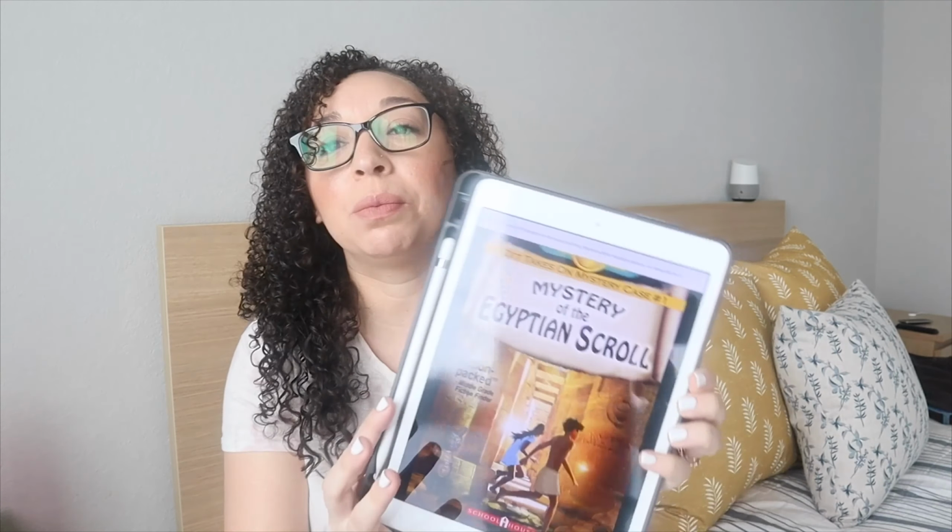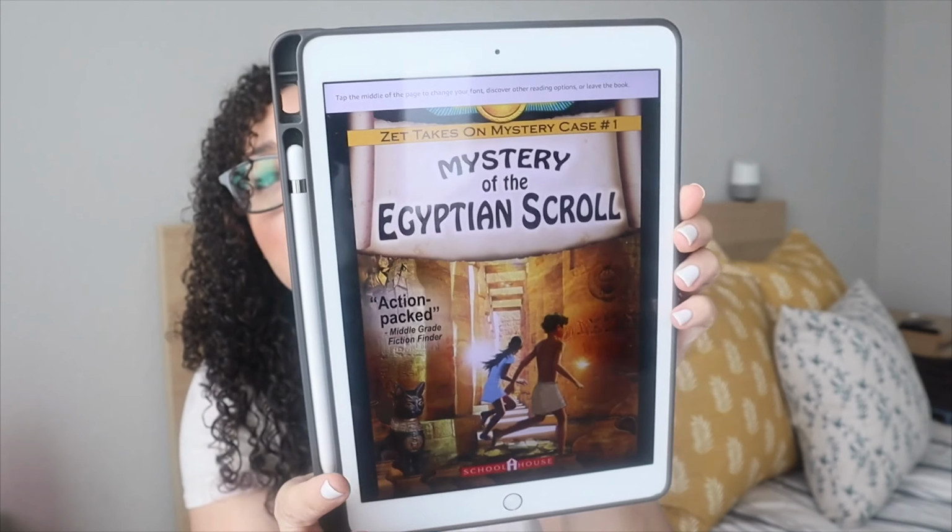That's that book there. And then the one that was free for Kindle, if you have Prime, is Mystery of the Egyptian Scroll. And this is what it looks like. You can buy the book version or you can get it free on Kindle if you are a Prime member. So those 2 books are for my 11-year-old son.